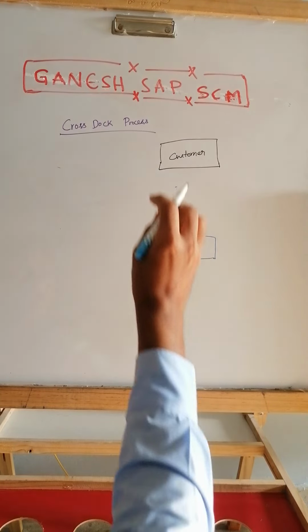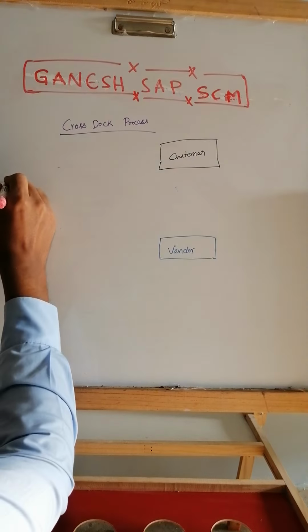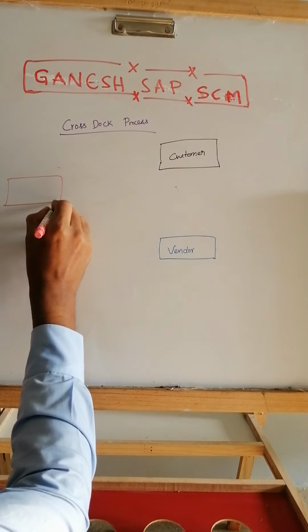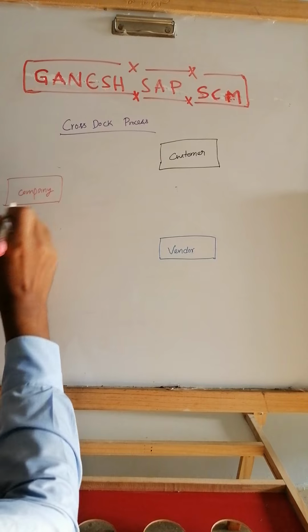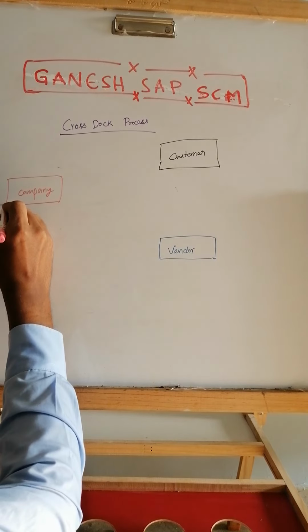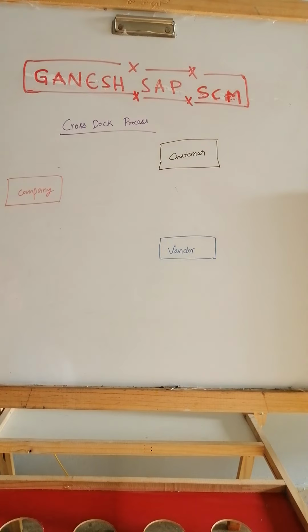Vendor and customer. Here is our company. This is our company where we are implementing, or where, if you are an end user, we are working, and if you are a consultant, it is here our client.